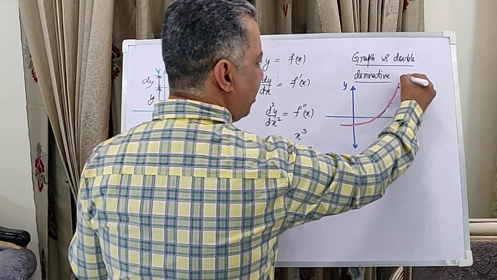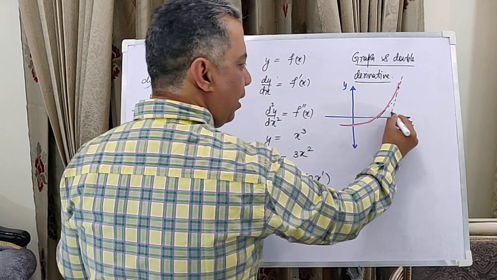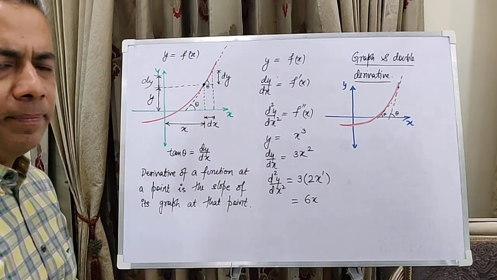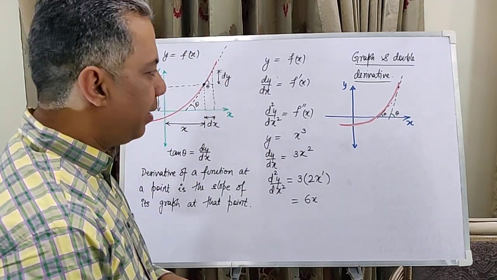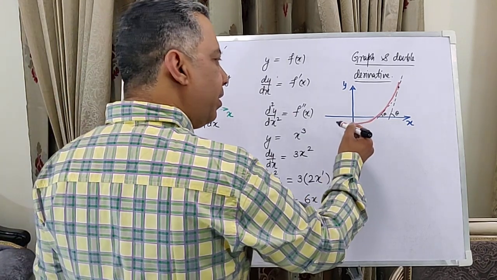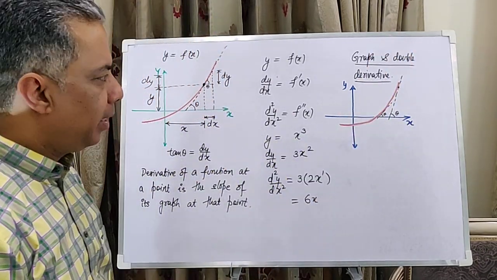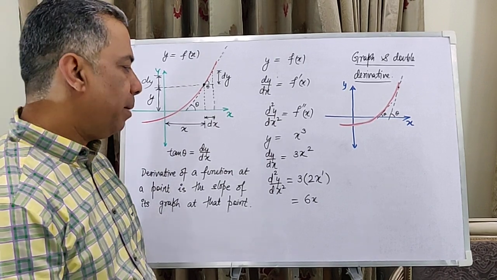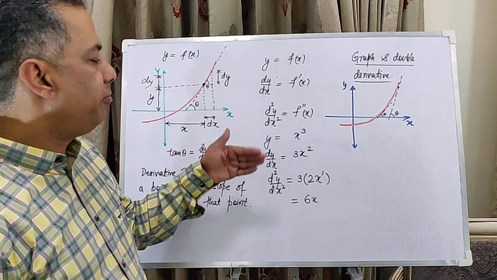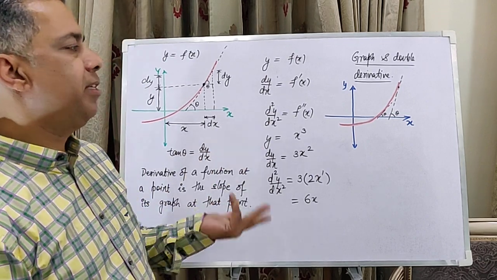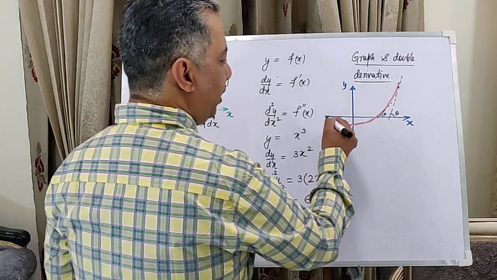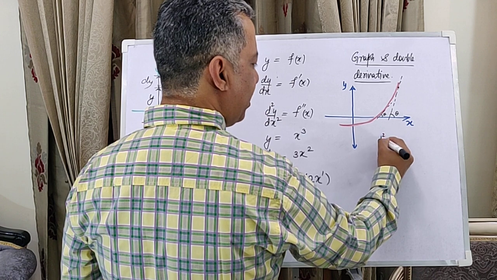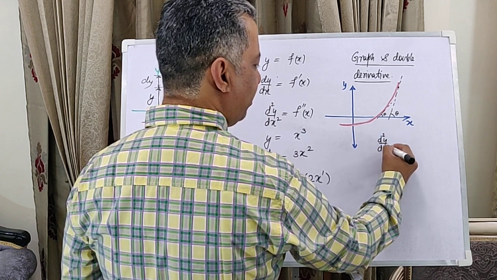You draw a tangent here, it comes out like this. You will easily notice that the angle is increasing, and if the angle is increasing, so is the slope. So over here, slope is increasing, which essentially means that the double derivative, or the rate of change of the derivative, is a positive rate of change. So increasing slope means double derivative is positive.